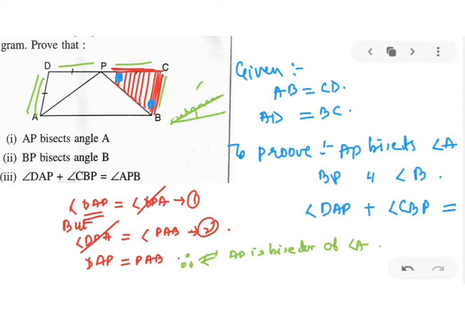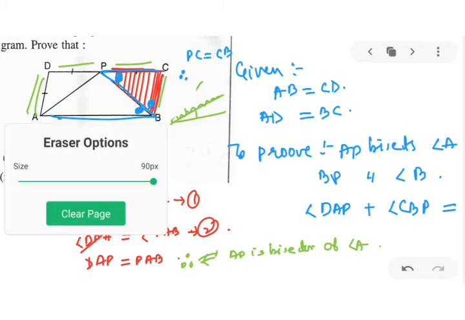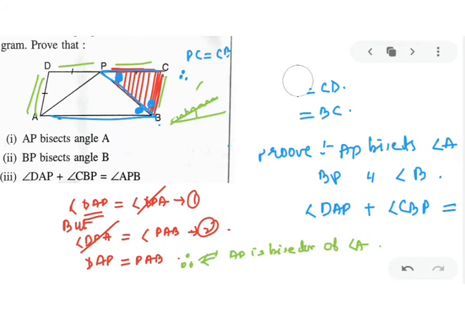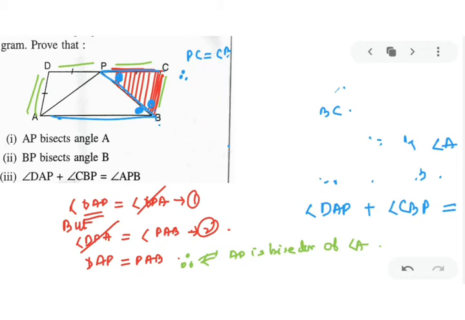If these are equal, but if you notice, CPB is equal to PBA. So you will write first PC is equal to CB. Therefore, angle CPB is equal to angle CBP.